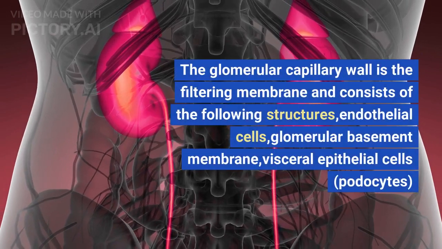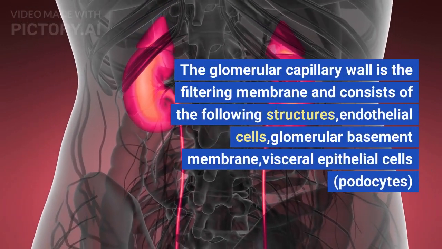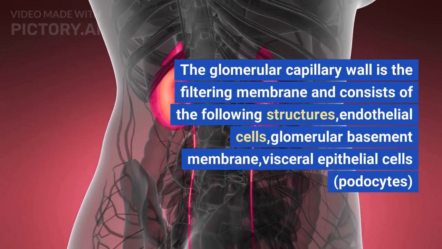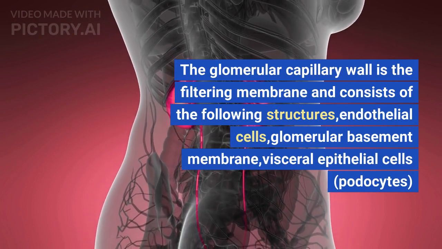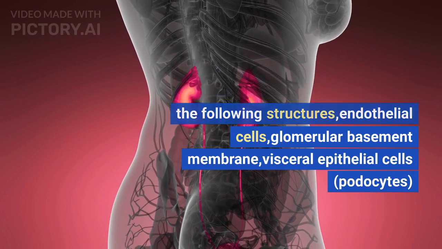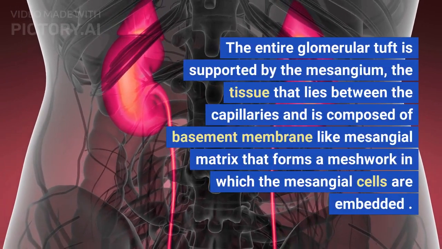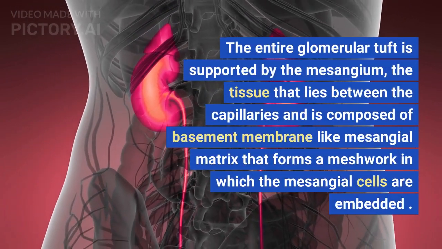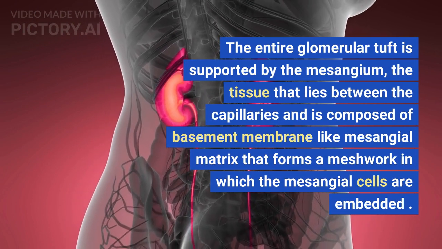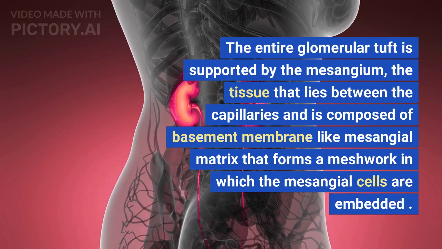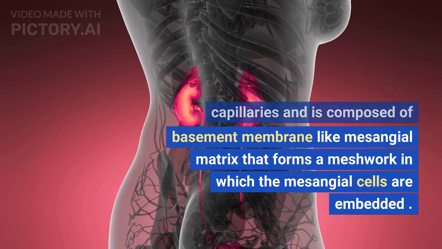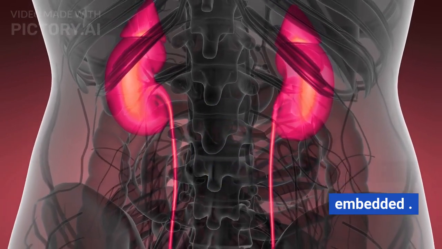The glomerular capillary wall is the filtering membrane and consists of the following structures: endothelial cells, glomerular basement membrane, and visceral epithelial cells, podocytes. The entire glomerular tuft is supported by the mesangium, the tissue that lies between the capillaries and is composed of basement membrane-like mesangial matrix that forms a meshwork in which the mesangial cells are embedded.